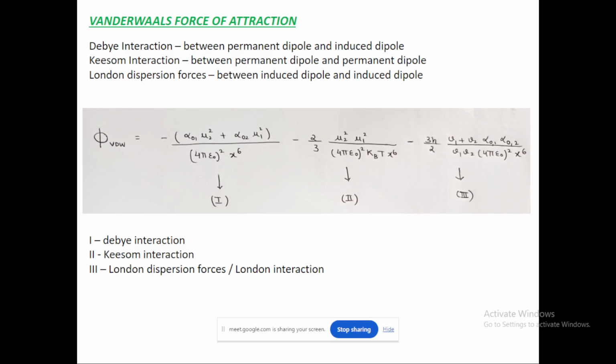Any thoughts on why? The logic is very simple. I would like to hear it from you, why the strength of van der Waals forces of attraction is more for a colloidal particle compared to atoms and molecules.